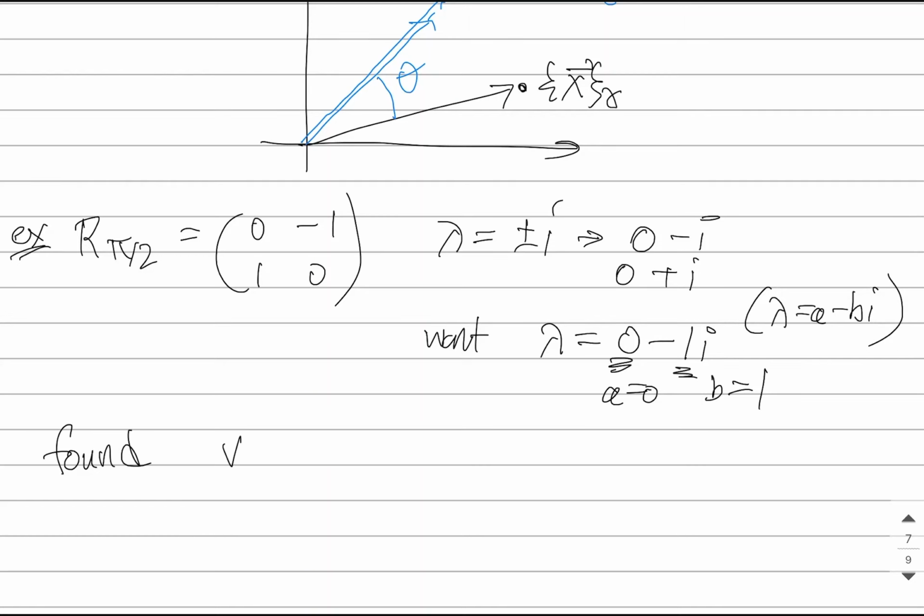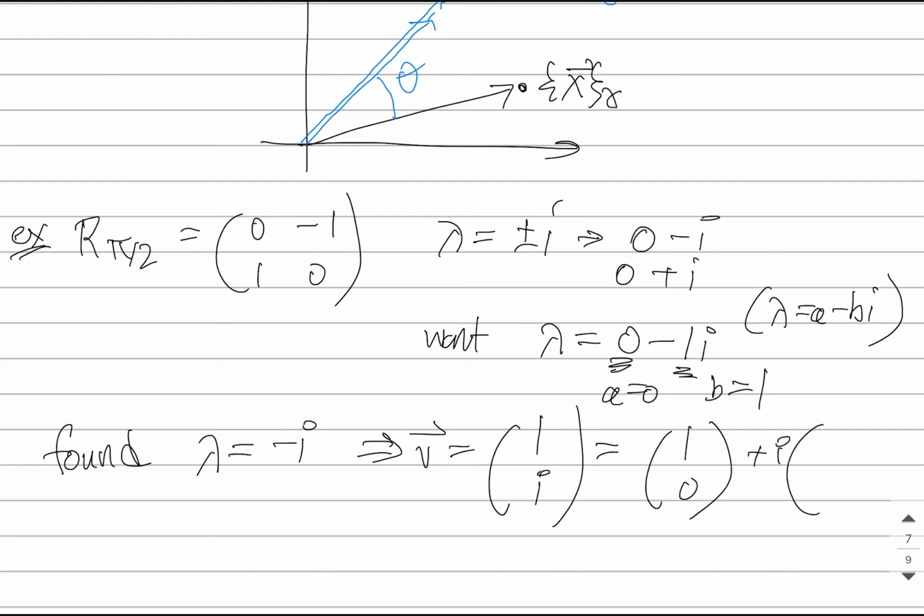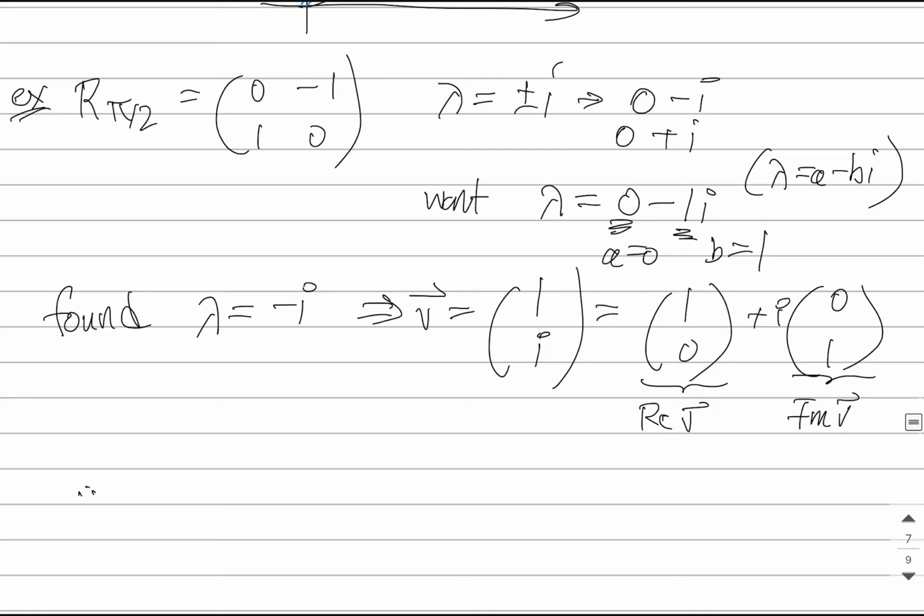When lambda is negative i, I will find that its eigenvector is just going to be 1 and i. And if I wanted to, I could write this as 1, 0 plus i times 0, 1. So this would be the real part of the eigenvector. This would be the imaginary part of the eigenvector. So this matrix P is just the identity.